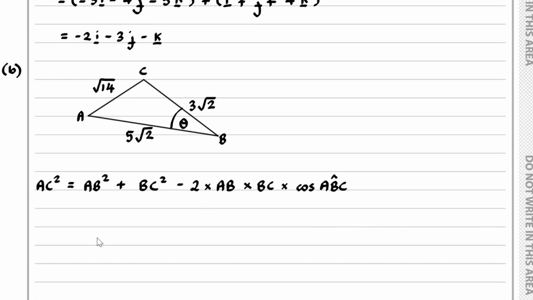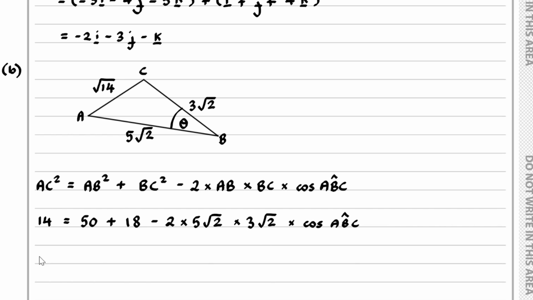So let's substitute everything in. We have AC squared, so that's √14 squared, which is 14. This is equal to AB all squared. 5√2 all squared is 50. BC all squared, well, 3√2 all squared is 18. Then we will take away 2 lots of AB, which is 5 root 2, times BC, which is 3 root 2, times by the cosine of ABC.